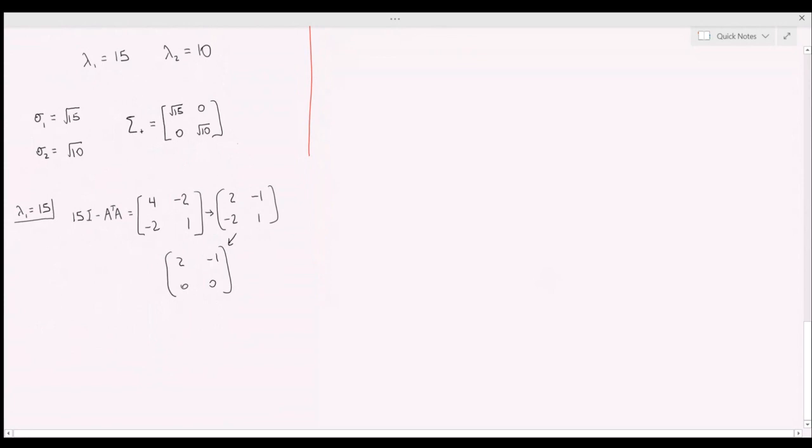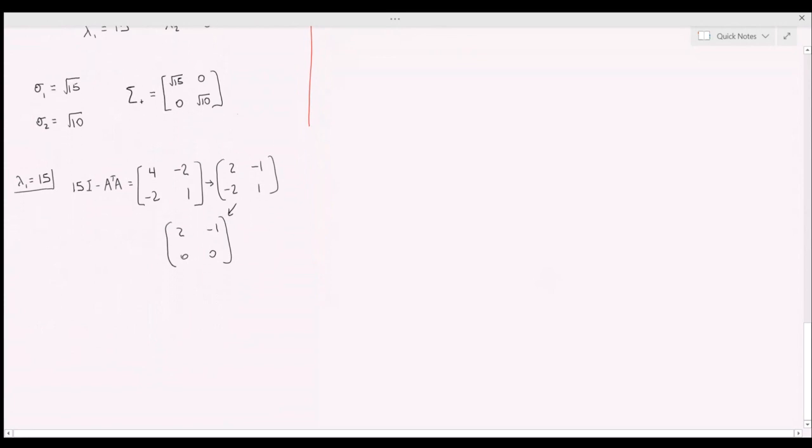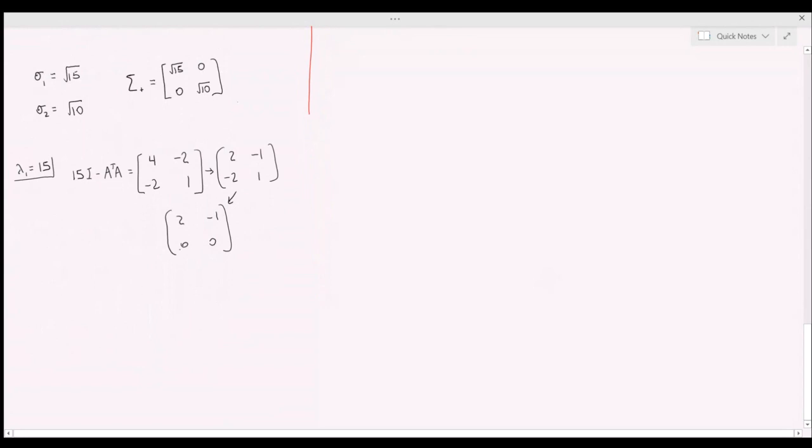So then here we've reduced our matrix a little bit, and now looking at the null space, what I'll do is from the first row, I'll write out the corresponding equation, 2x minus 1y equals 0 for the null space to get the eigenvectors. Let's see here. I guess I'll go ahead and write it as y equals 2x.